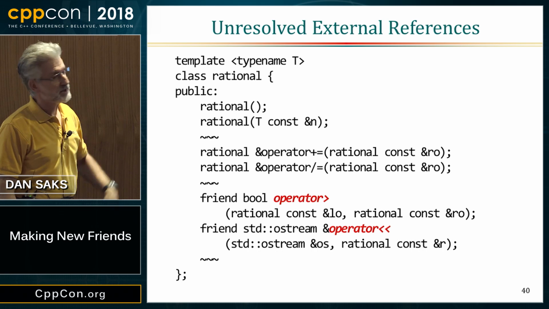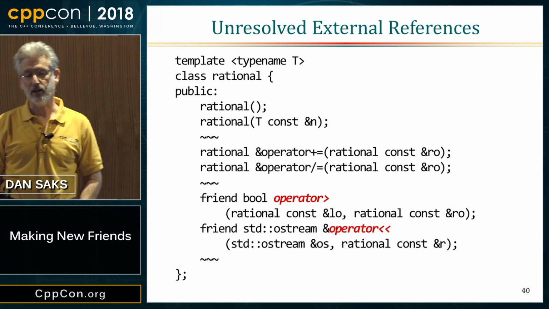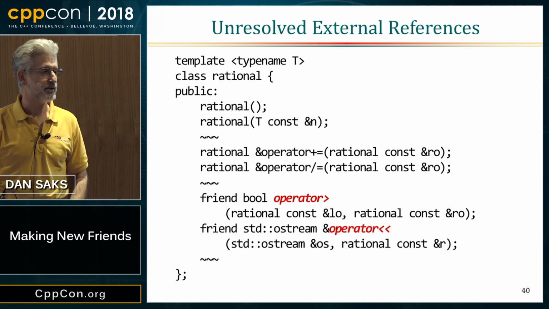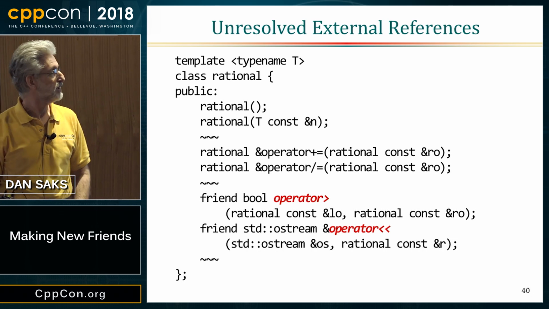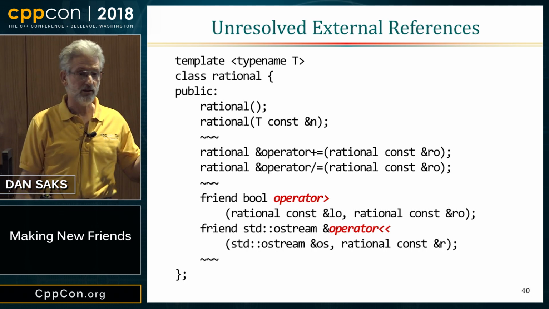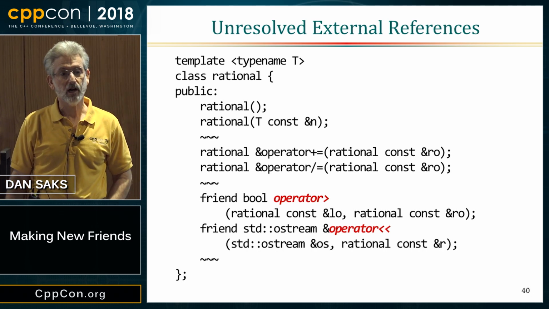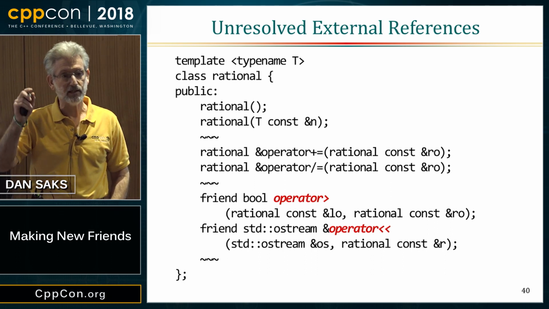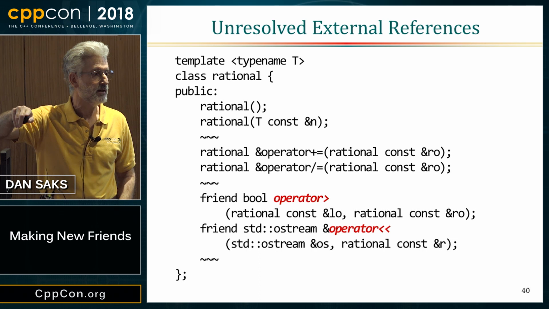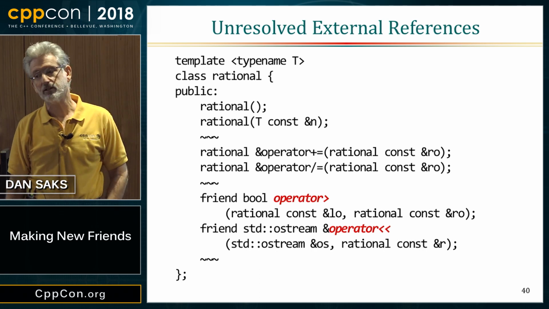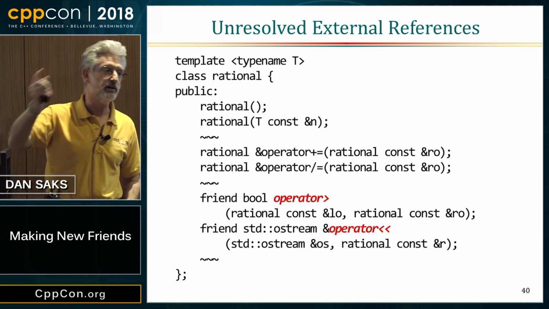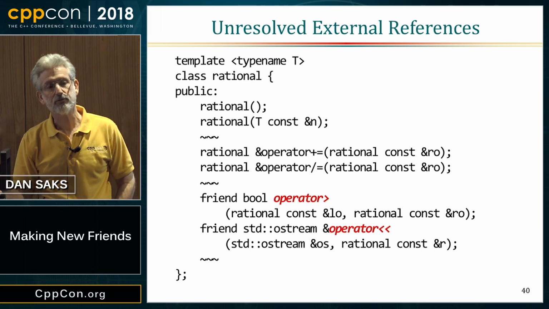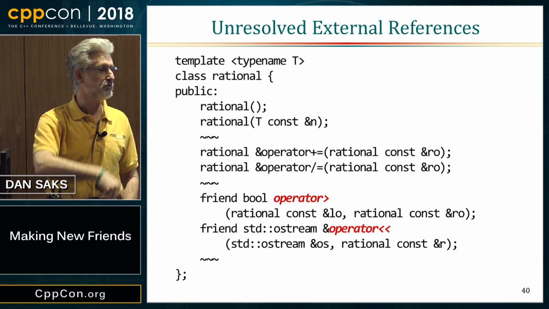But in this version, I also had an operator greater than, which allowed me to compare one rational greater than another rational. And I also had the output operator. And those 2 functions were implemented as non-member friends that had direct access to the data members. They weren't implemented the way plus was, through the intermediary of plus equals.